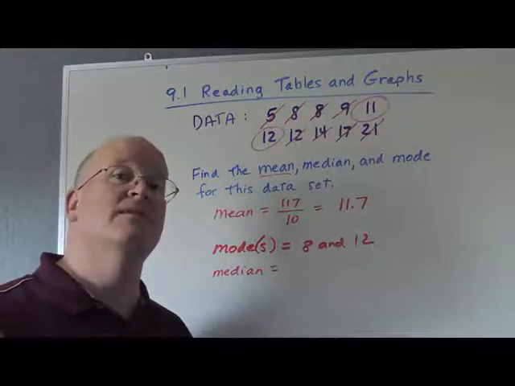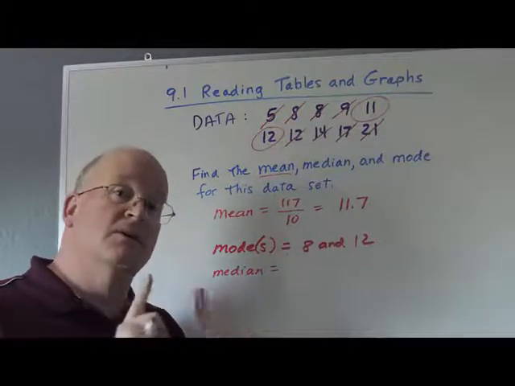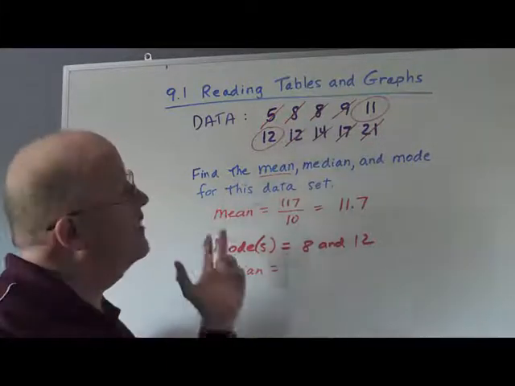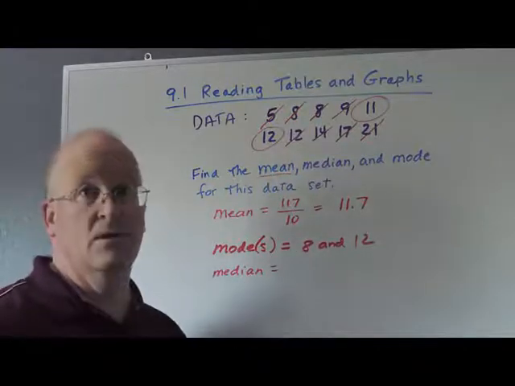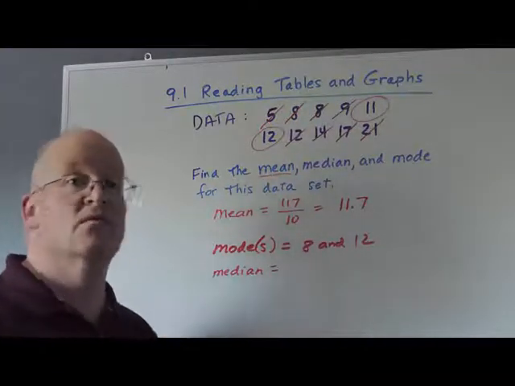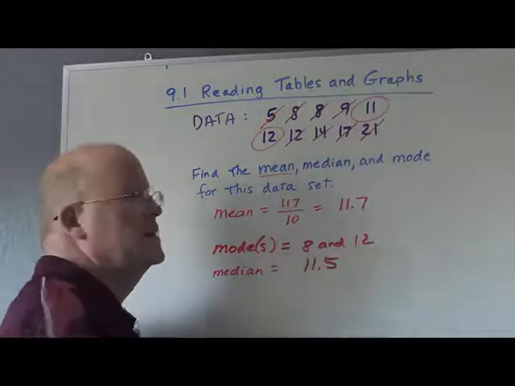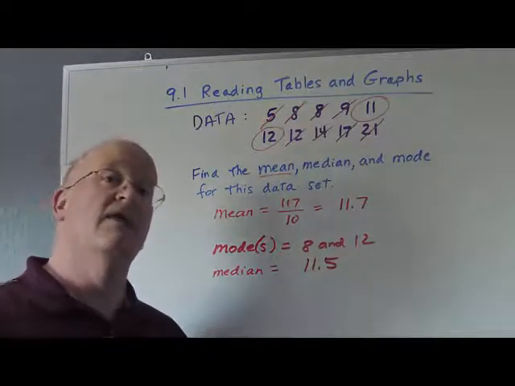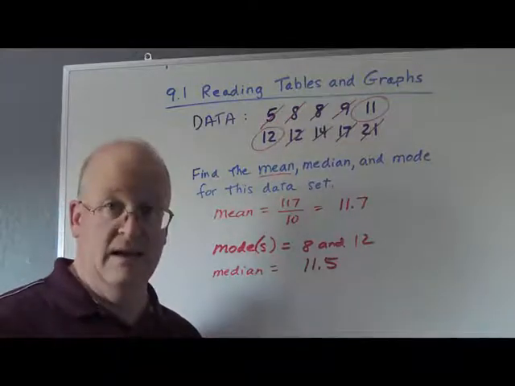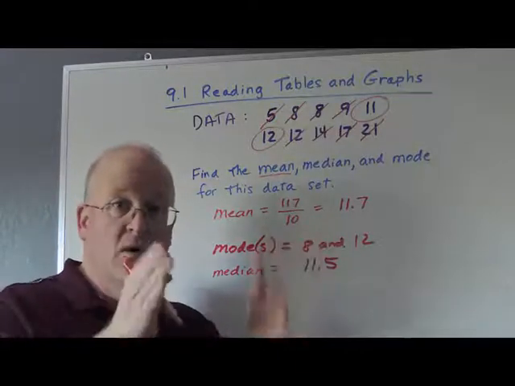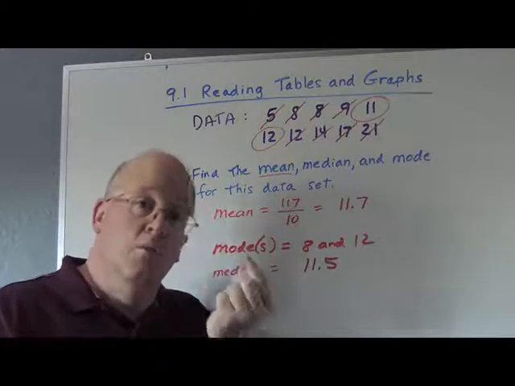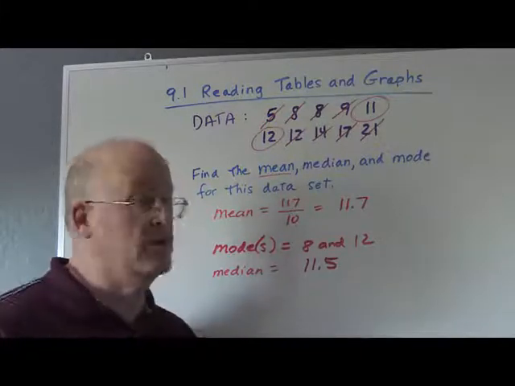Anytime you have an even number of data values, there will be 2 middle values, and you find the mean between those two. Halfway between 11 and 12 is 11.5, and that would be the median of our data set. If there had been an odd number of data values and you were chopping off from both ends, that middle value would be the median itself.